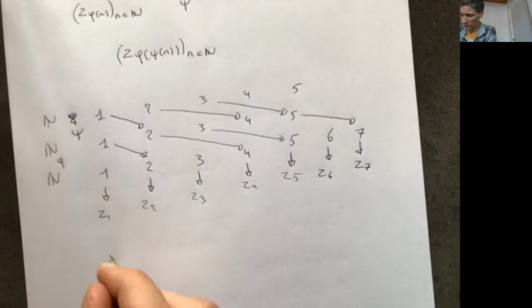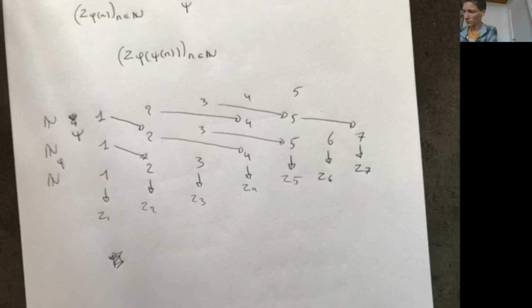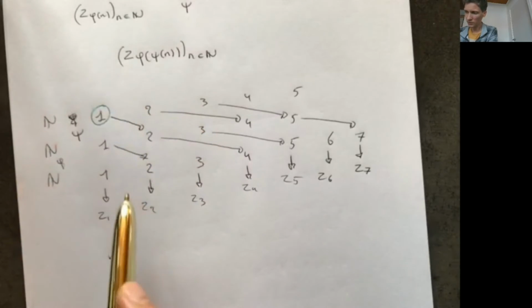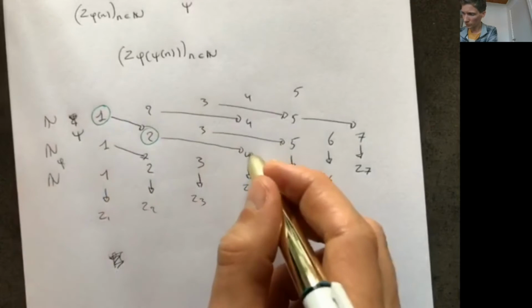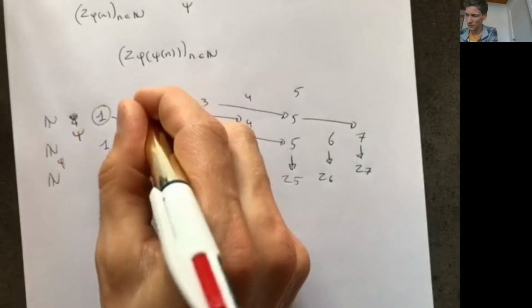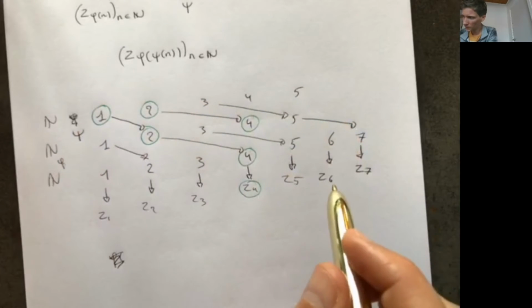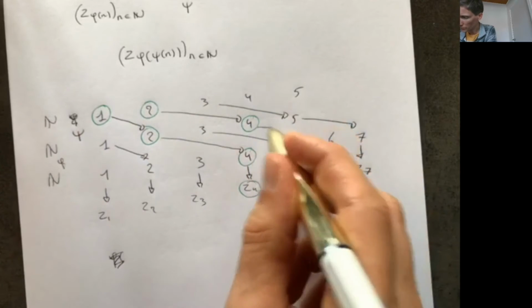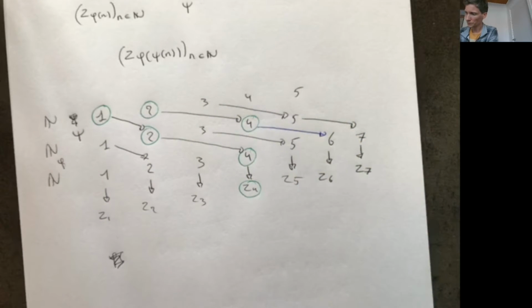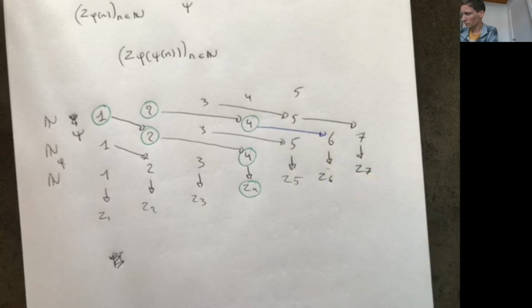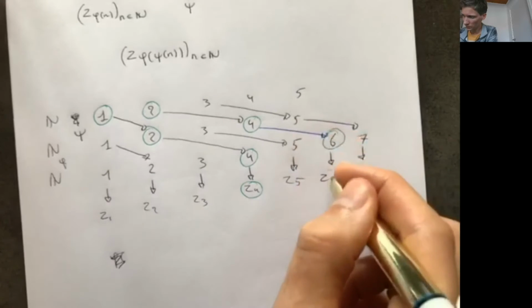Okay, so what do we have? What's the first element of the subsequence? We can see this by following the arrows. 1 goes to 2, 2 goes to 4. So z4 will be the first element of the subsequence. 2 goes to 4, and 4 goes to, I forgot to put an arrow from 4 to something. Let's say 6. So this goes to z6.